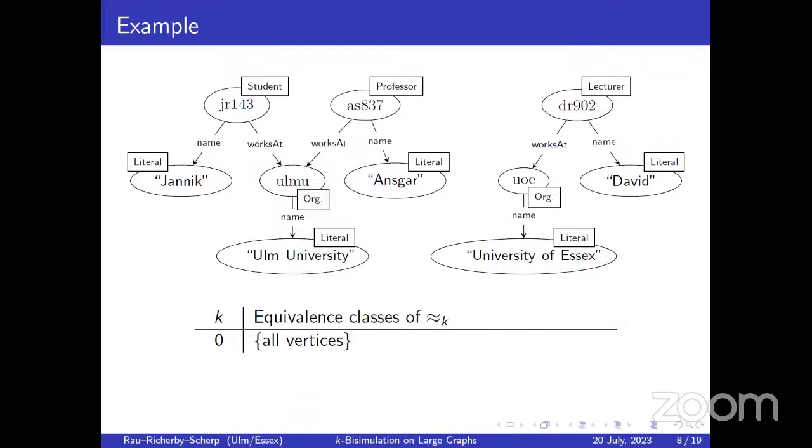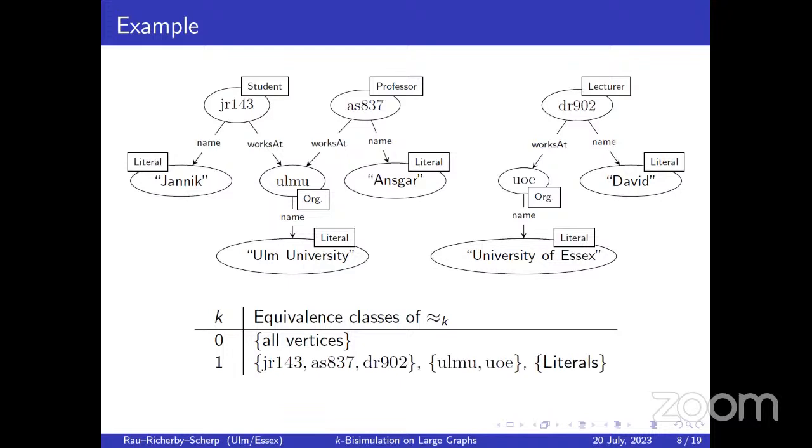So just to bring back the example, let's look at k-bisimulation on this graph. I'm going to denote the equivalence relation just by listing its equivalence classes. As we said in the definition, all vertices are equivalent at level 0. But then you can see that, for example, the node JR143 is not equivalent to the node Ulm University, because JR143 has a worksat edge coming out of it, and the Ulm University vertex does not.